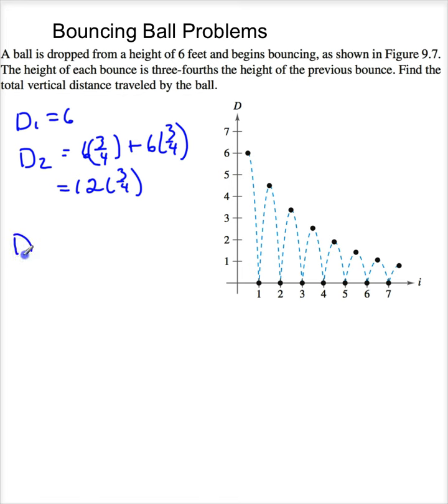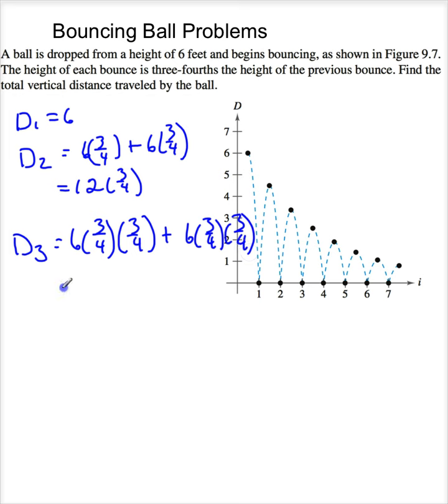Let's look at D3. D3 is going to go up 6. Now I'm going to write it this way. That's the up for D1, but it's only going to go up 3/4 of that, and then it's going to go down this amount. So this becomes 12 times 3/4 squared. You see there's a reason we're doing this.